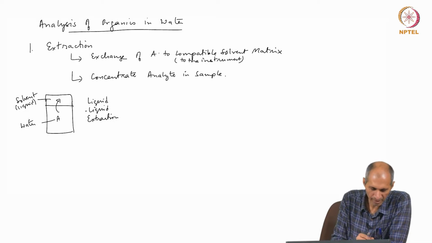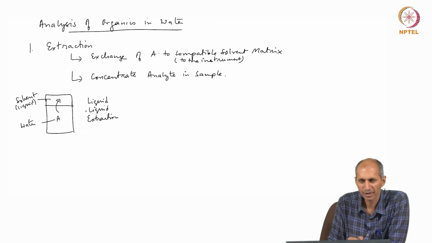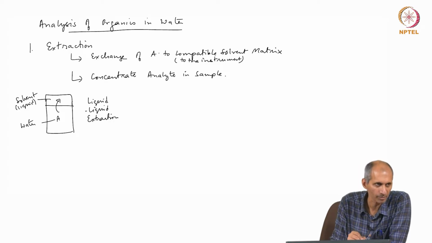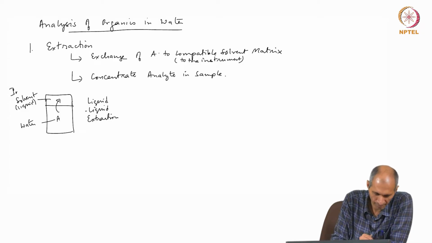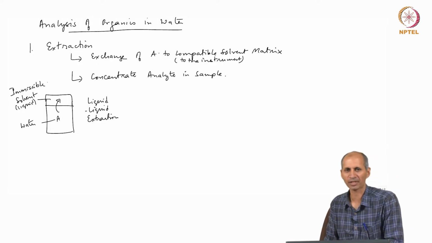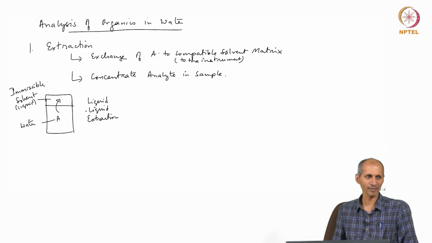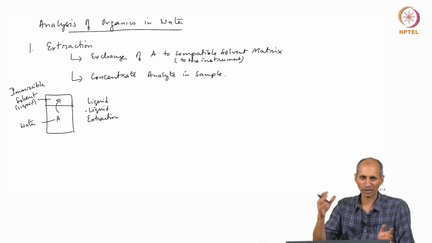The second solvent liquid that we use, by definition, if you are going to do liquid extraction, it must be immiscible in water predominantly. When we say immiscible, we are not talking from an environmental point of view, all of them have some solubility, but bulk solubility is very small.